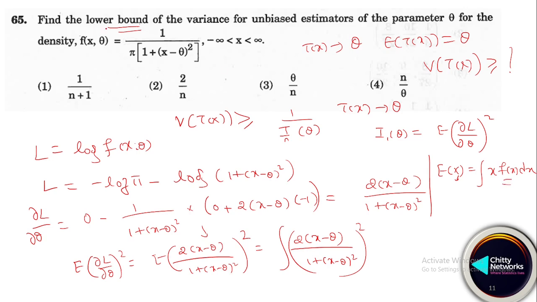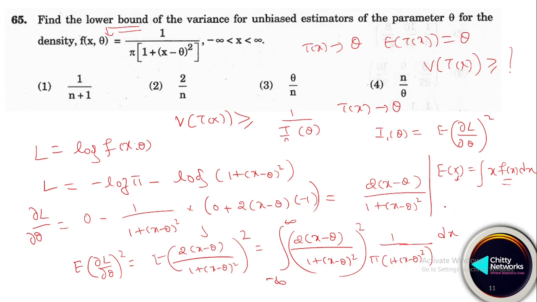Instead of f(x) we have 1 upon pi into (1 plus (x minus theta) whole square), with respect to x, ranging from minus infinity to plus infinity. So we have to solve this. 2 by pi is a constant and will come outside the integration, and we have to square this and then find the integration of this term.